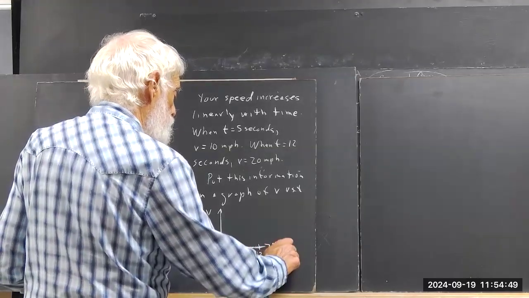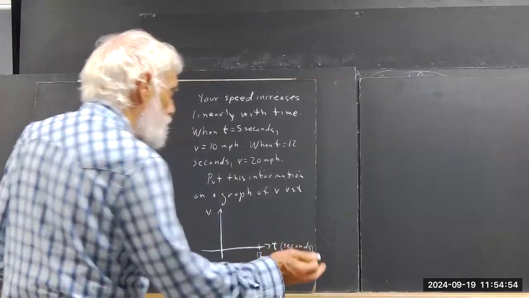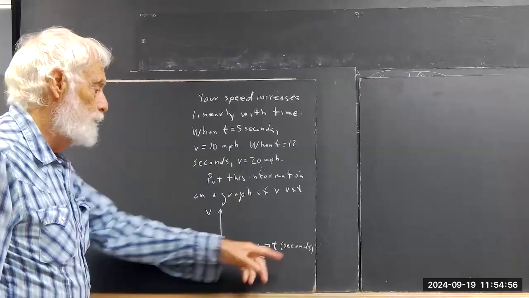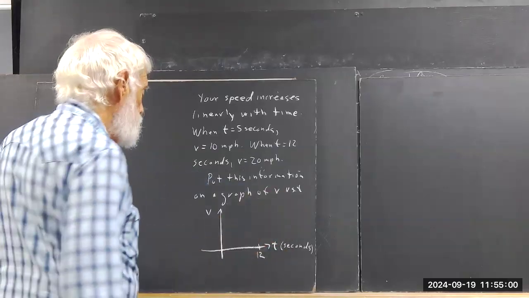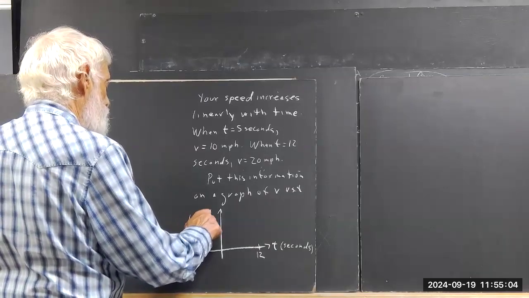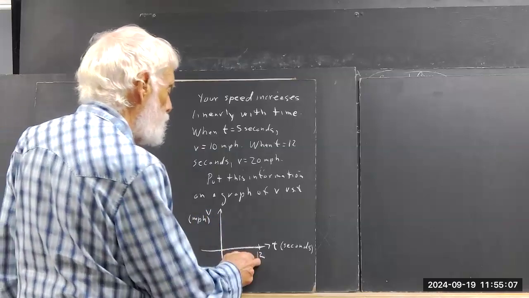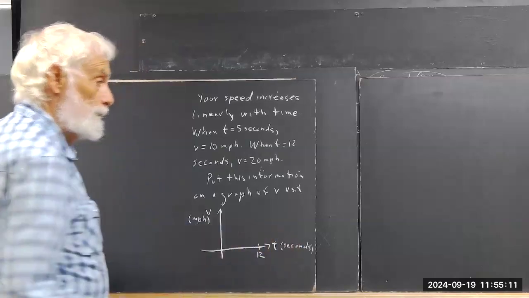And t is in seconds, something you want to take a few seconds to write out. You can abbreviate it SEC. And velocity is in miles per hour. So we don't have to put 12 seconds here. We just put 12 because now we know it's seconds.